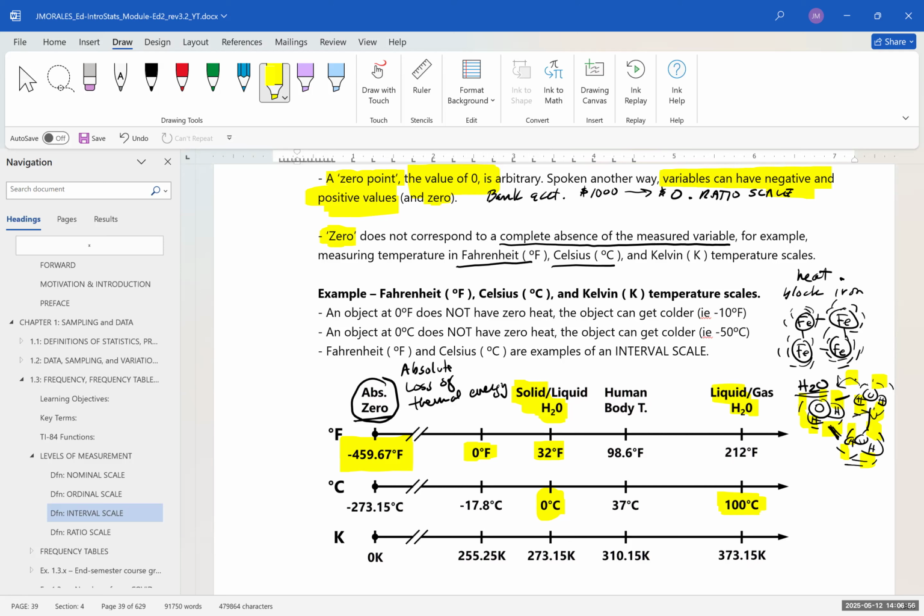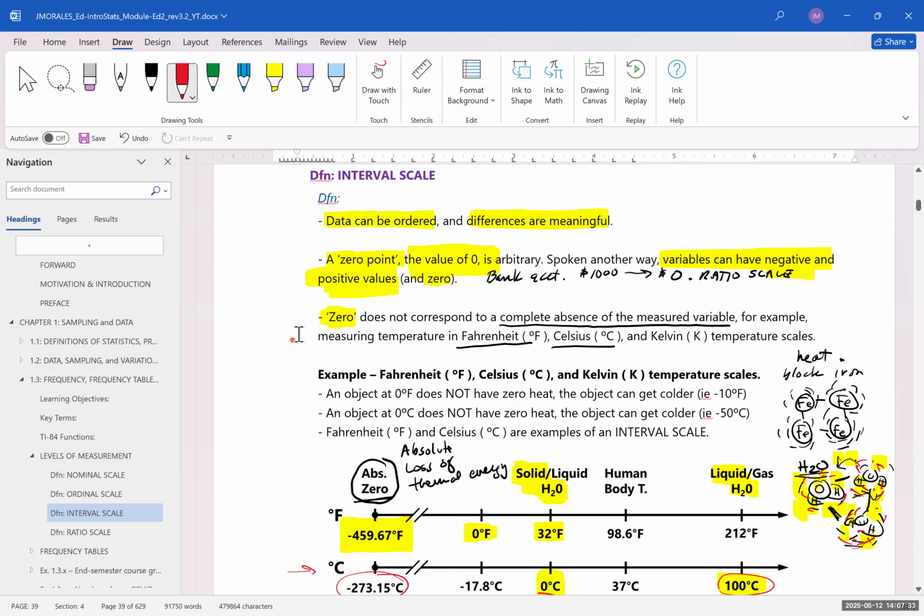But even at 0 degrees Celsius, the water molecules are still vibrating in their relative positions inside the lattice structure of the ice, and you could get it even colder, all the way down to negative 273.15 degrees centigrade. So again, you've got negative and positive values on the centigrade scale.